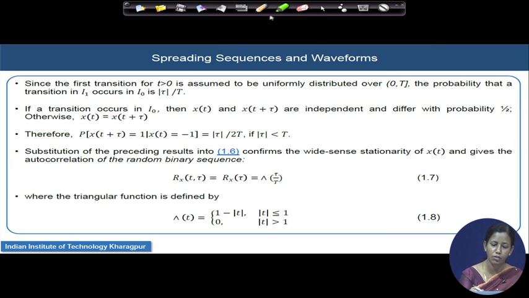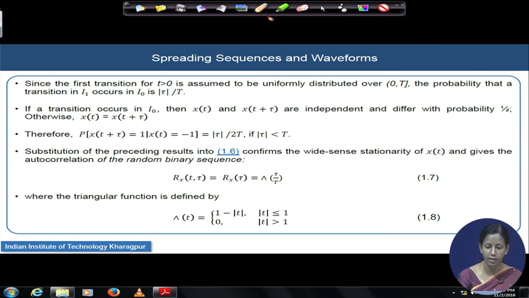Since the first transition for t greater than 0 is assumed to be uniformly distributed over this half-open interval, because it is a wide-sense stationary process, what is the probability that this single transition occurring within I1 occurs within I0, the interval t to t+tau? This probability will be given by mod tau divided by capital T.